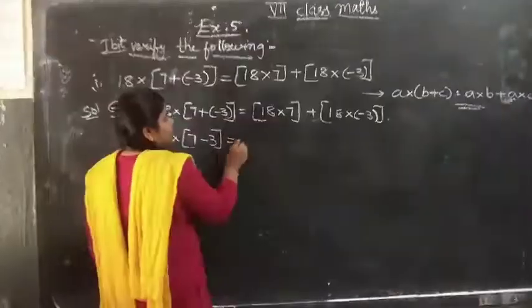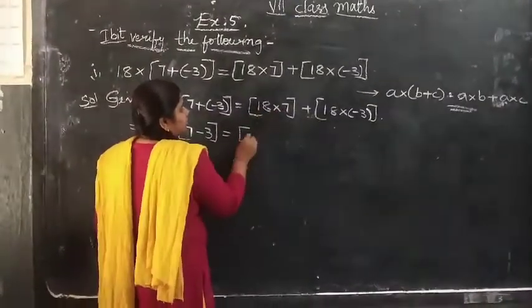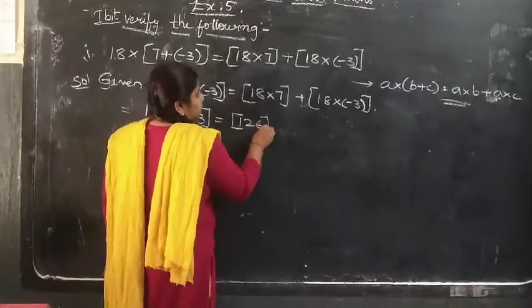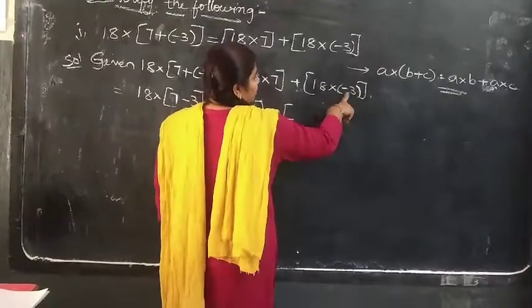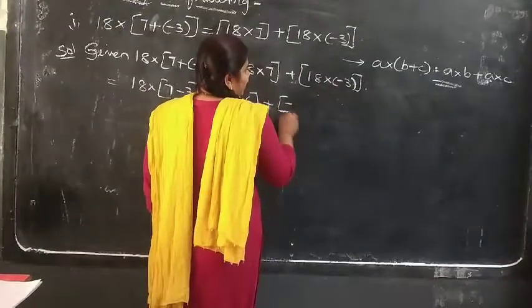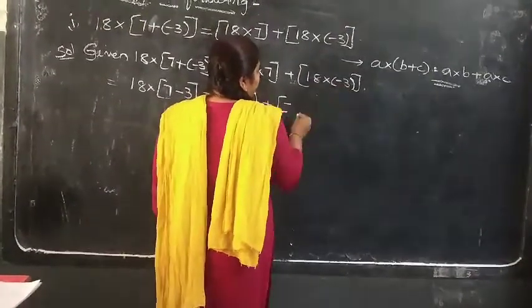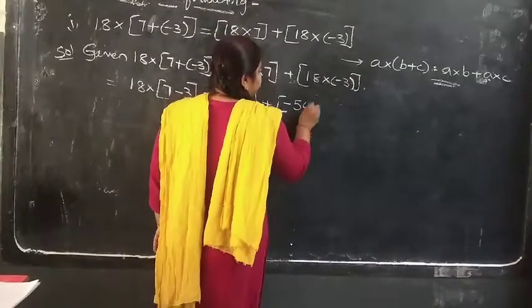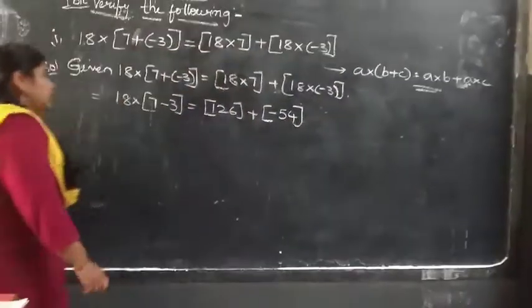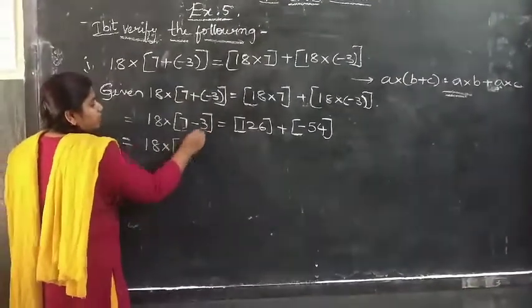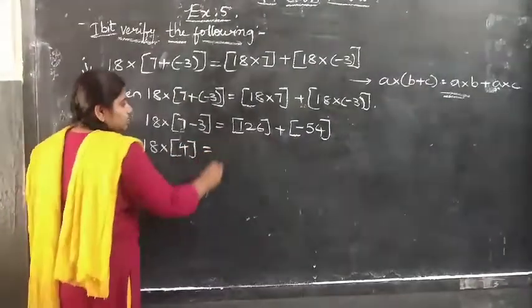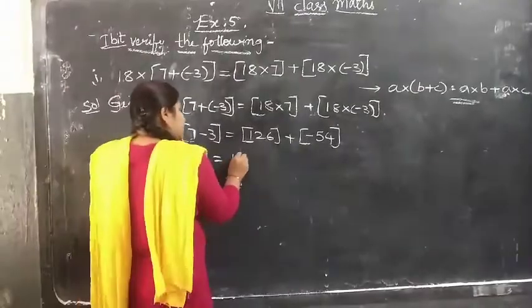Now coming to the RHS part, here 18 sevens are 126, plus 18 into minus 3, plus into minus will be minus, 18 threes are 54. So now solve this. 18 into 7 minus 3 will be 4, is equal to 126.